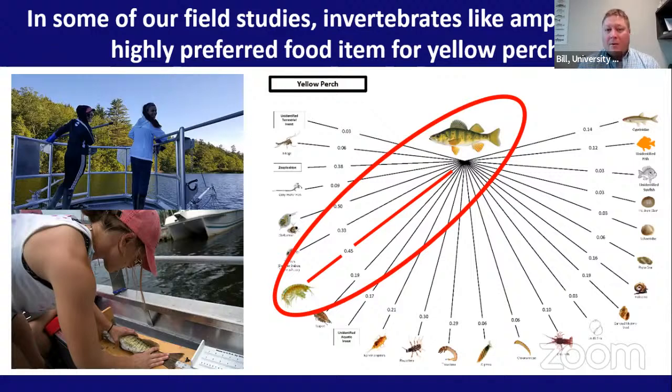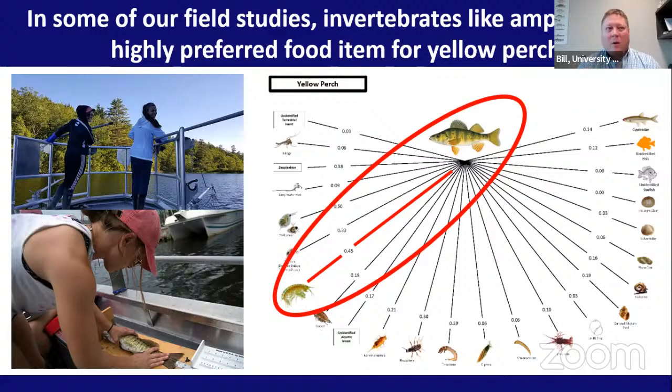What we found in some of our work is that yellow perch, which I love eating, a good perch fish fry on a Friday night or weekend is one of my favorite meals, in this lake in particular, and probably in a lot of different lakes, love these things called amphipods. You might know them as scuds.